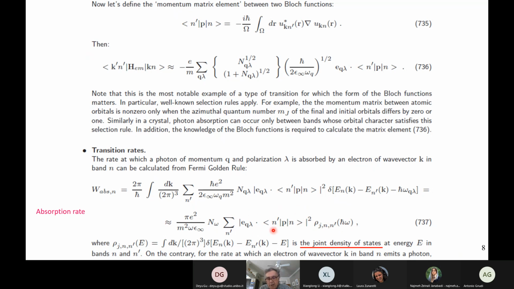If this doesn't change too much, again, this depends on the polarizability. If this doesn't change too much, take it as a constant, maybe you can fit it empirically to experimental data. You see that if you plot the absorption rate, remember, it will look very much like the joint density of states that you can calculate. And I'll show you the plot in a minute.